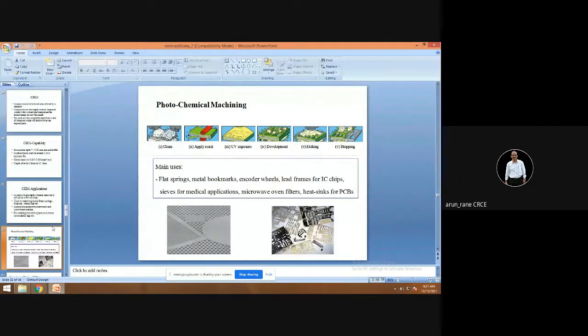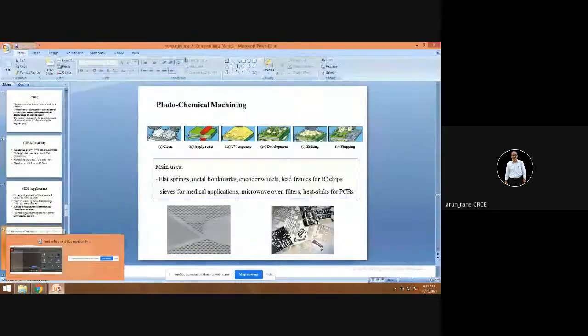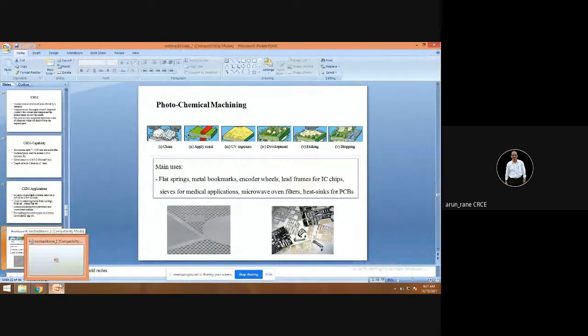There is one more type of chemical machining, that is called photochemical machining. So these are the steps in photochemical machining. First you have to do the cleaning. Then wherever you don't want, you mask it.